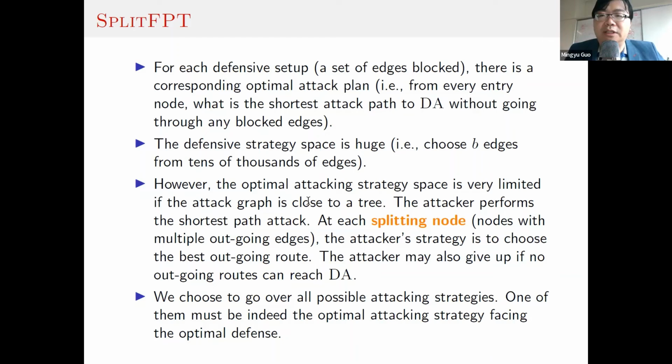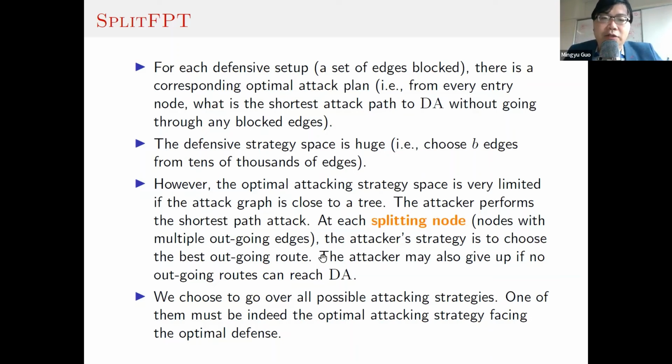So how about, instead of first searching for a good defense, then checking the corresponding attack plan from the attacker, and then going back to adjust the defensive plan, we don't do it that way, because that would face a very large search space. We do it the other way around. This is, for example, like bi-level optimization, flipping the min and the max, right? It's very similar to something of that kind.